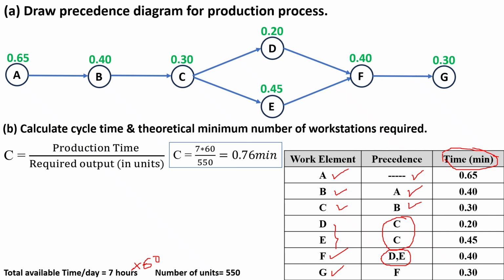So cycle time is 7 into 60 divided by 550 units. So C equals 420 divided by 550, which is equal to 0.76 minutes.